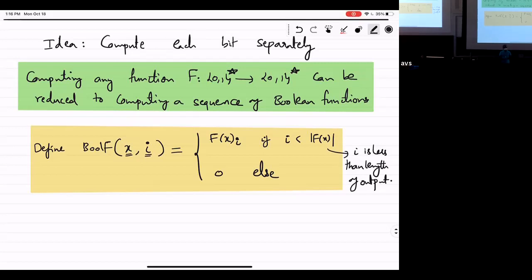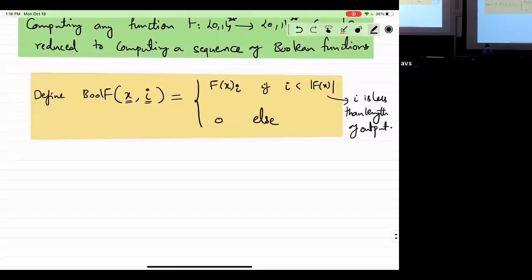All right. Okay. So if I give you the power to do this bool f, then I can pretty much compute f. The only caveat is, I might not know when the output is actually ending. Okay. So for that, another way to do it is to just say length f.